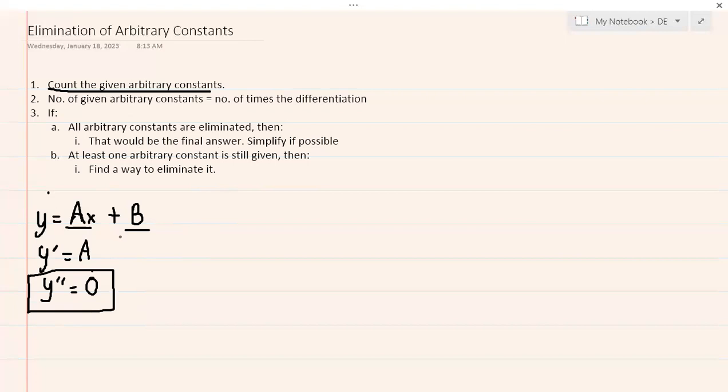That's basically how you eliminate the arbitrary constant.